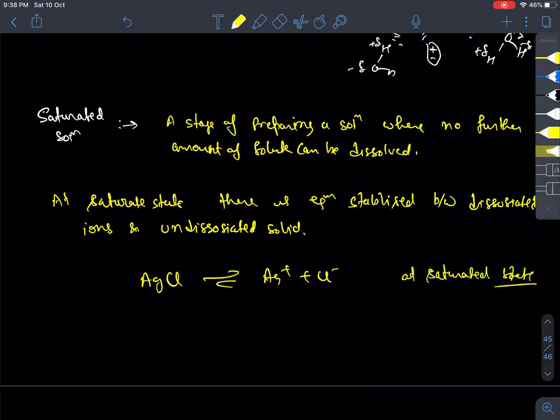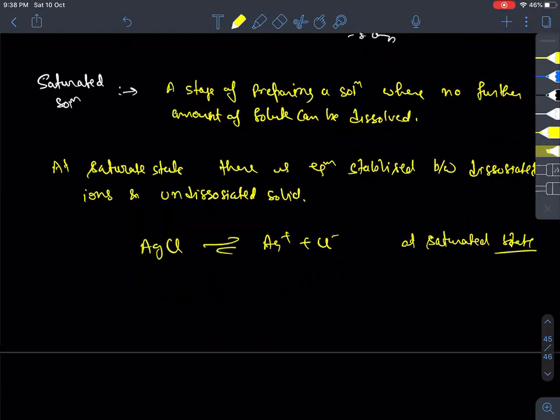At saturated state. So what do you mean by solubility then? Now this is really interesting.